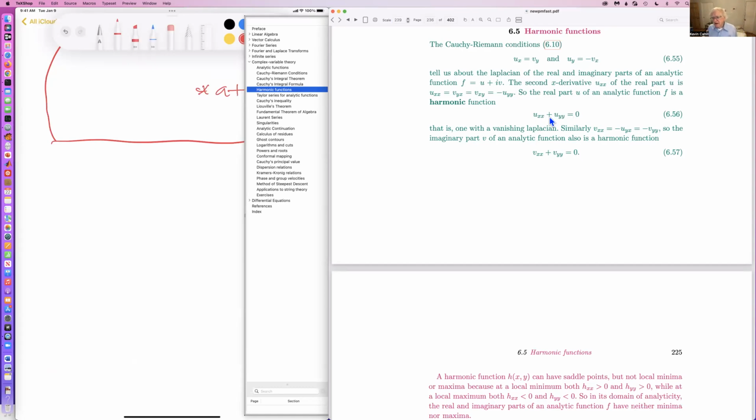So consequently, you can't have a maximum or a minimum, and the same thing for the imaginary part.